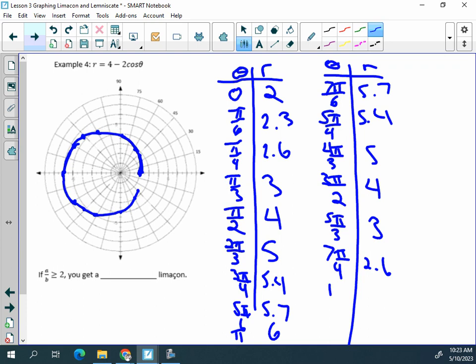And if you plug in 11 pi over 6, you're going to get approximately 2.3. And then back to 2. So it's just kind of like a little bit flattened, if you will, on the right-hand side there. We call this a convex limacon. And I'll come back with a second video on our other figures.